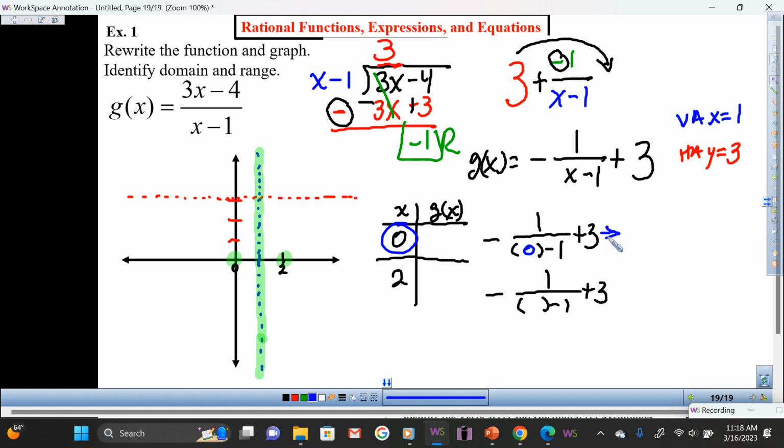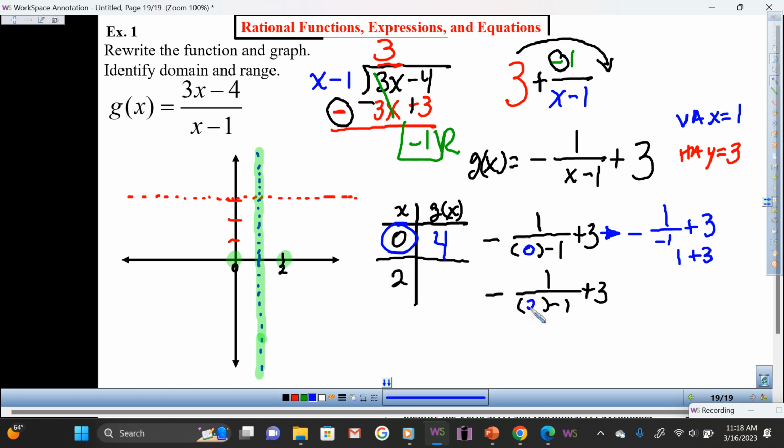Negative. What is 0 minus 1? Negative 1, okay, plus 3. So here, what is negative times a negative? Positive, 1 over 1, 1. 1 plus 3, 4.